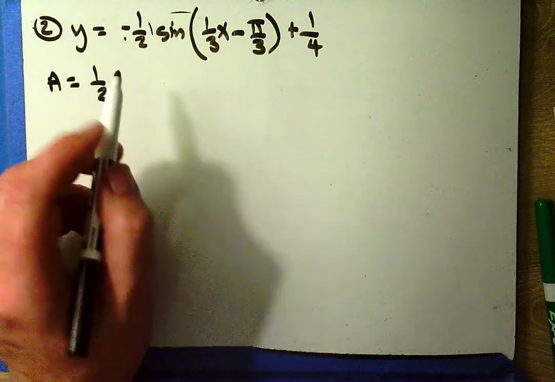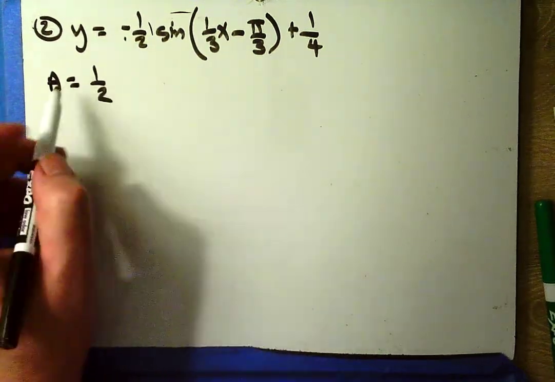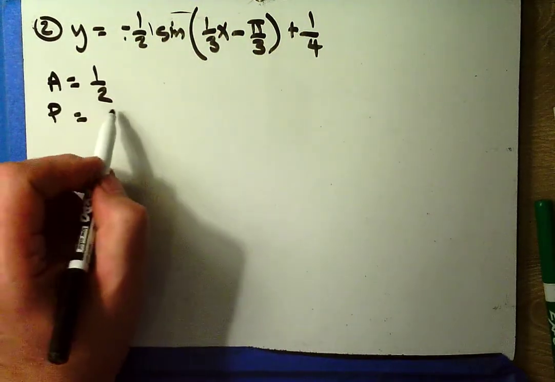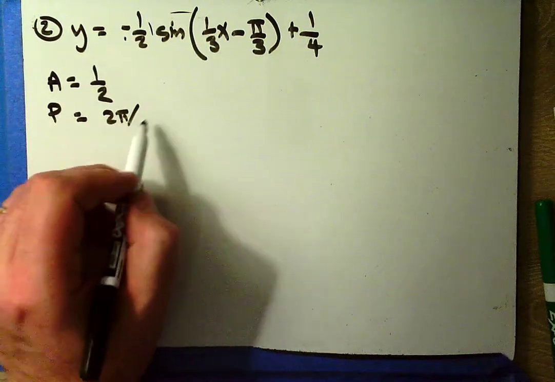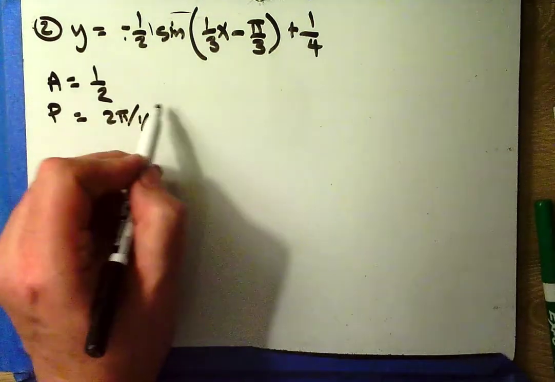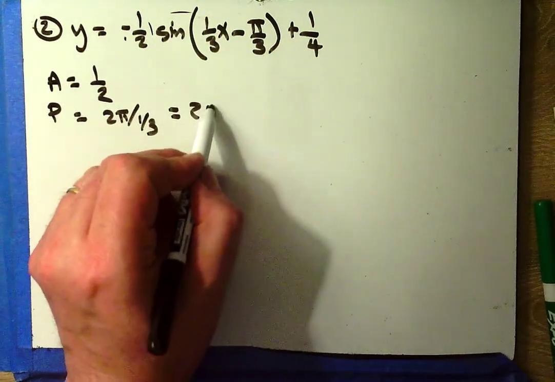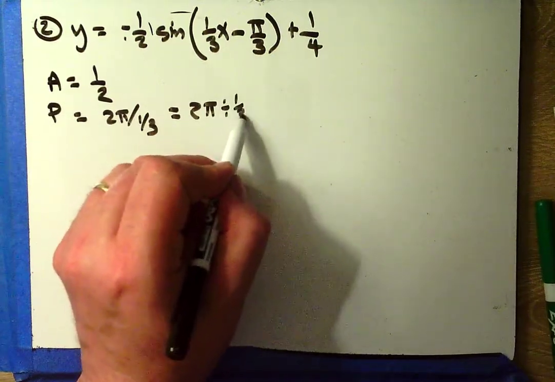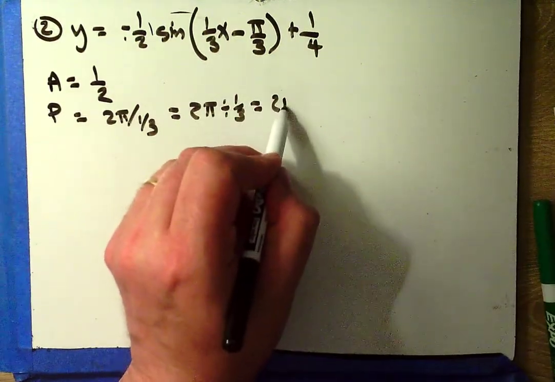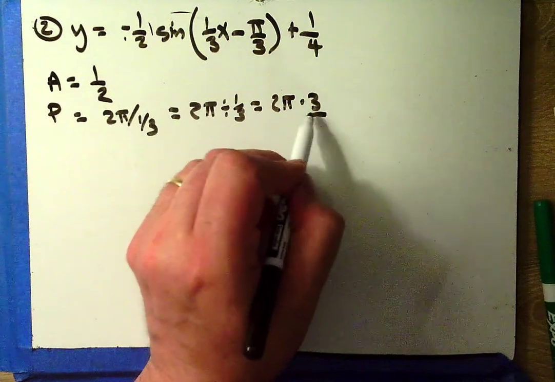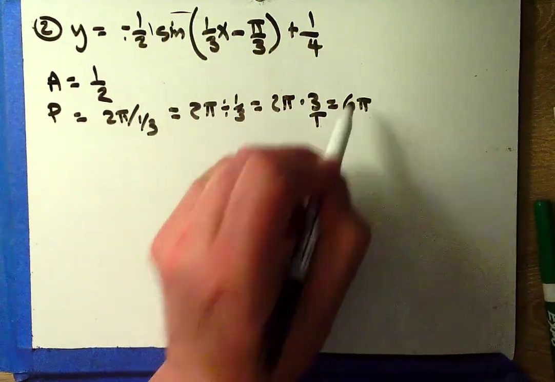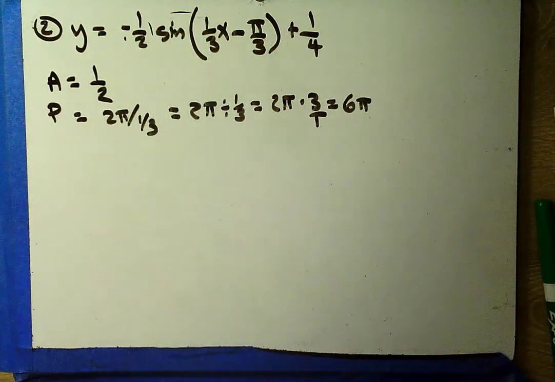Okay, so amplitude is 1/2, and the period, well, we want 2 pi over 1/3. That's the same as 2 pi divided by 1/3, or 2 pi times 3 over 1. So 6 pi is our period.